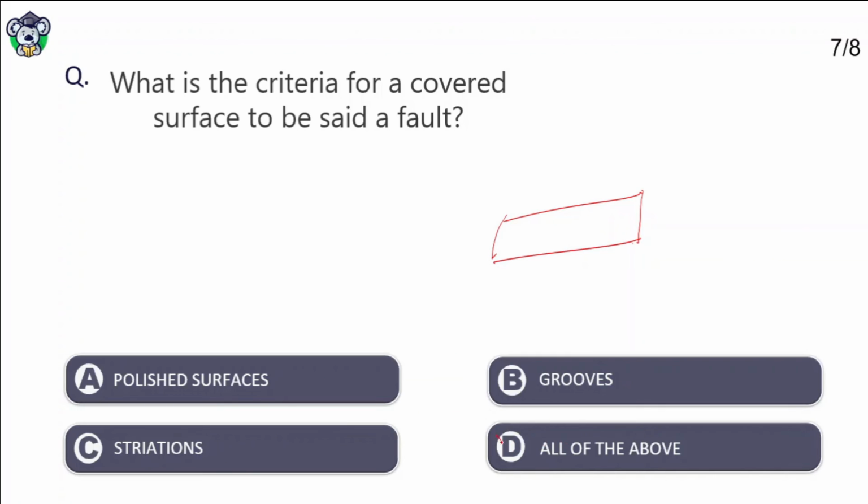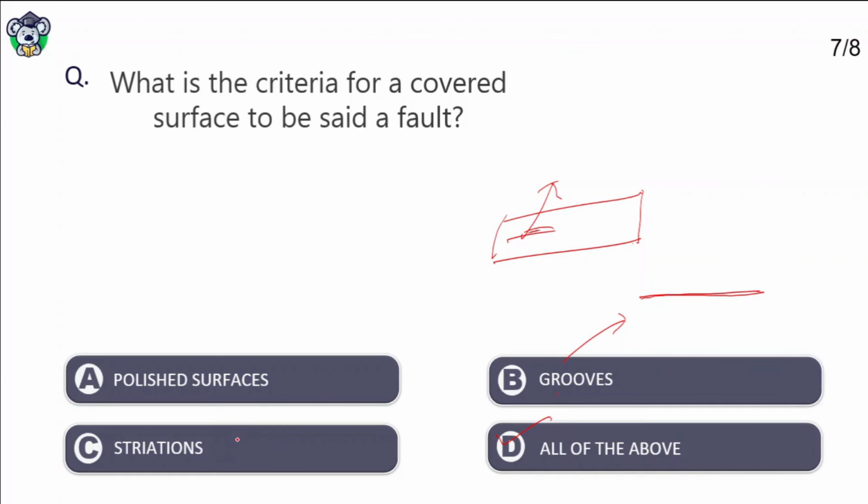The answer is all of the above. Polished surfaces means it will shine, reflect light, so bright. Grooves, what are grooves? These are deep, narrow cuts in the bed. These are called grooves.